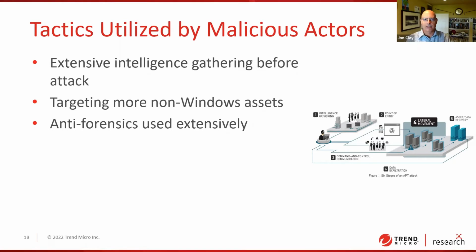So you know that these groups are actively monitoring the detections of their software or their malware. And when they identify that the security product has detected them, they will just go back and figure out ways of getting around it, build a new variant, add a different packer associated with it, or do something. So the anti-forensics is definitely extensively used and will continue to be.